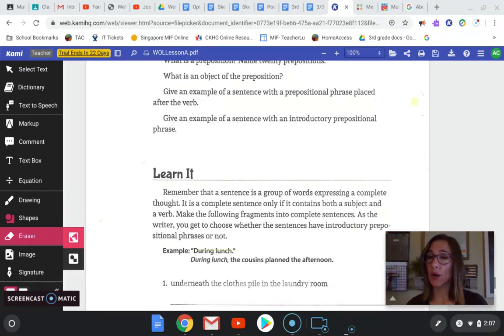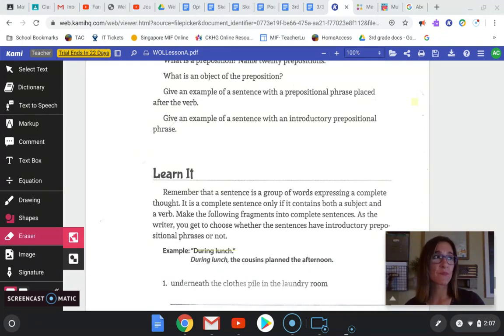Aboard, about, above, across, after, against, along, among, around. Before, behind, below, beneath, beside, beyond. Down, during, except, for, from, inside, in, into, near.